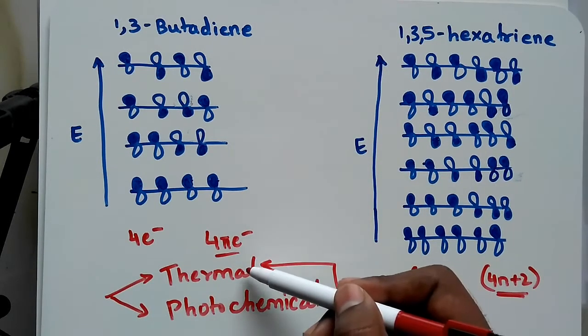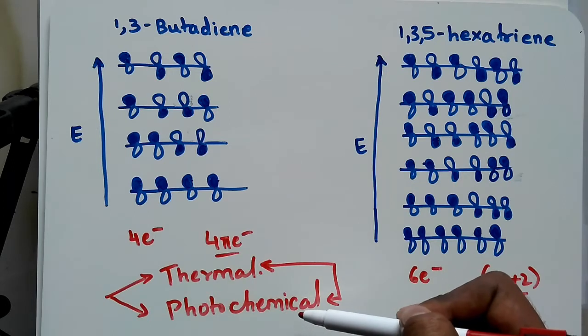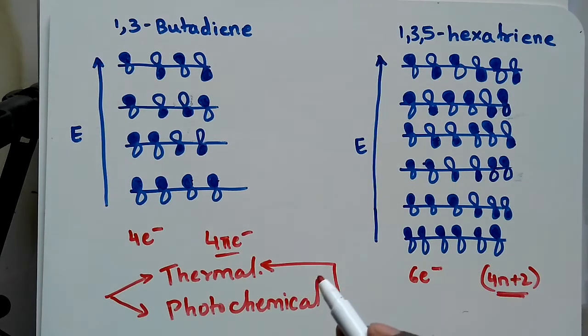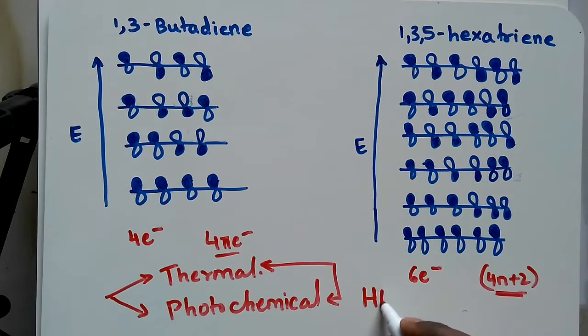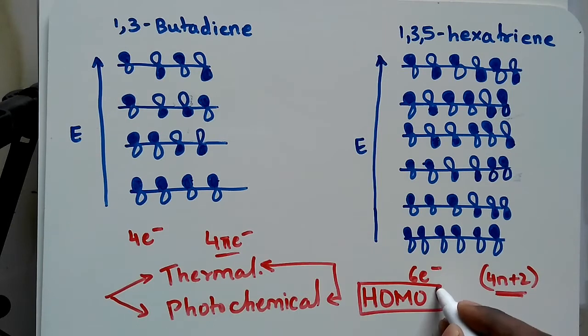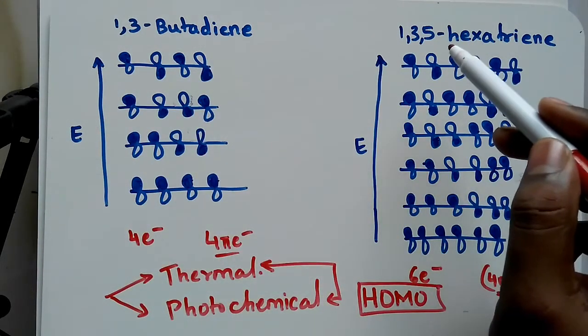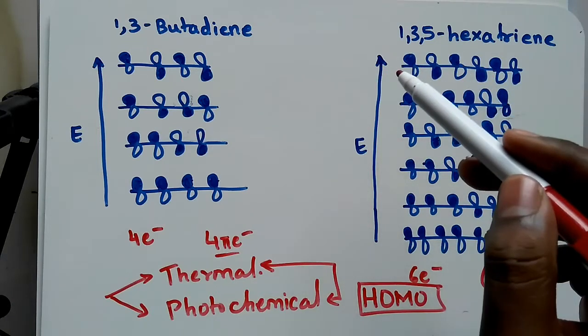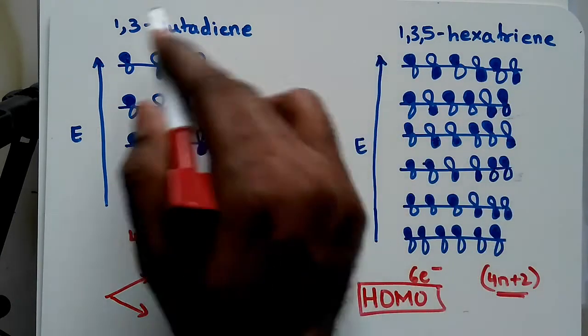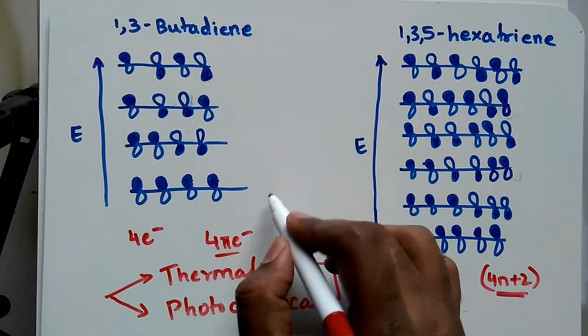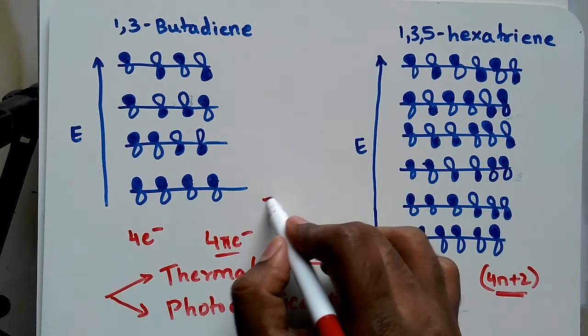So we have to remember what happens in thermal and what happens in photochemical conditions. And the most important factor that we are looking for is only the HOMO, the highest occupied molecular orbital, of these two molecules, the molecular orbitals.